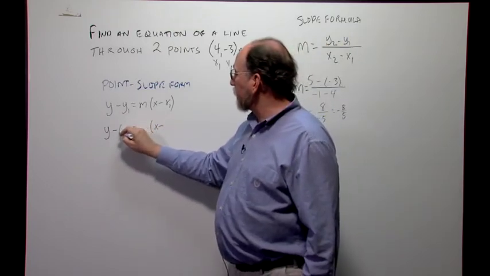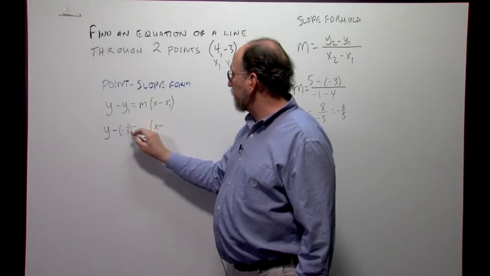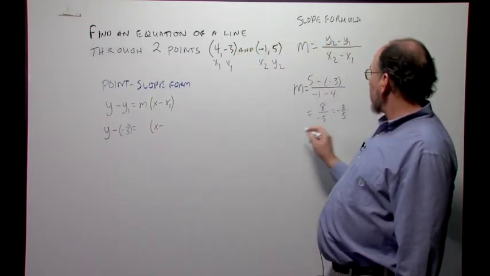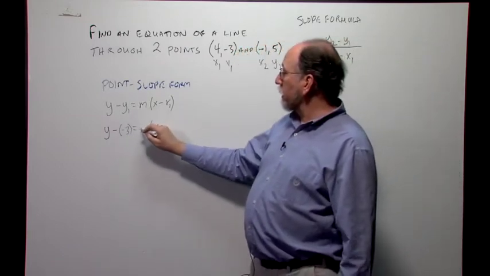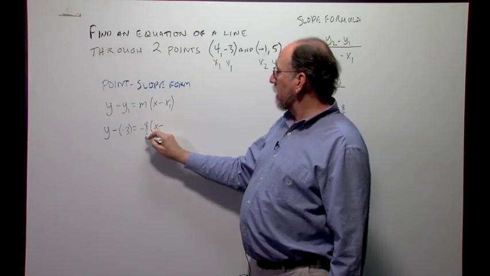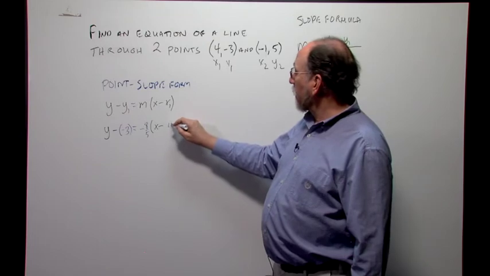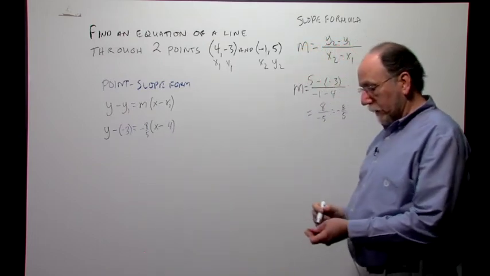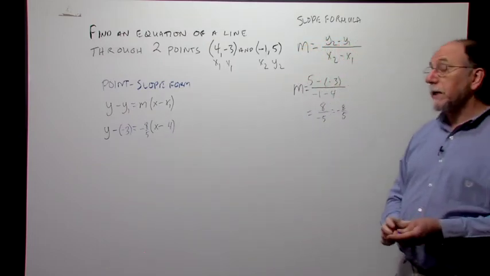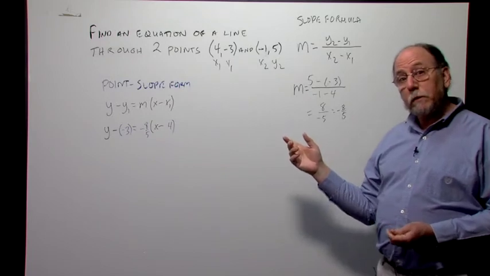And again, we put parentheses around it so we get the signs right. The slope is -8/5, that goes here. And x is 4. Okay, so there's our equation of the line. And technically, we've answered the question.